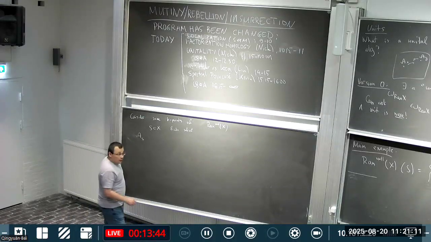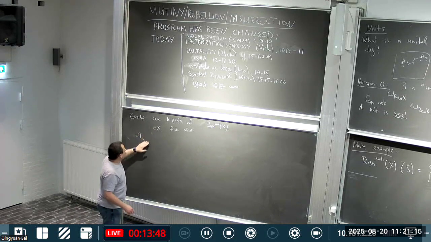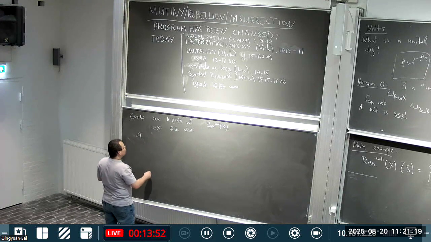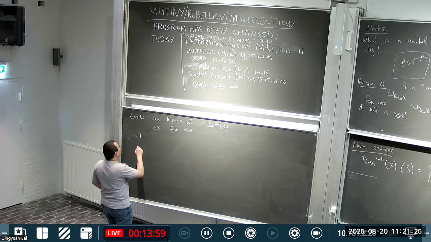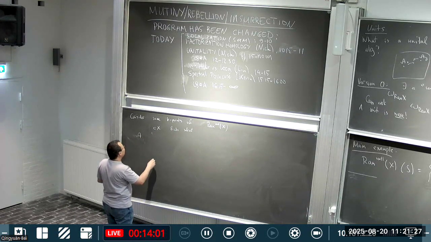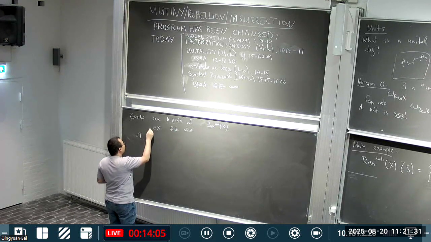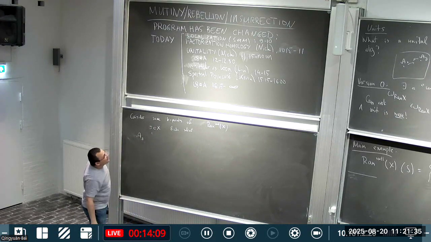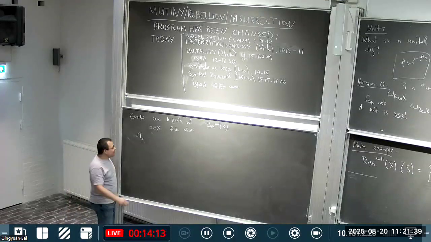No, let S not be that. S was a scheme before. Let's use capital J. I don't like I because I before was an abstract finite set.